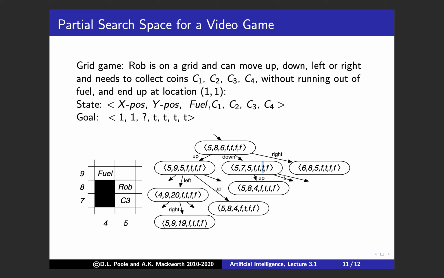The third element here is true. And if it moves right, it still reduces the amount of fuel. When it's at position 5, 9, and it goes left, then it fills up with fuel. It gets 20 units of fuel. So this is how we could represent a video game in terms of a state space.